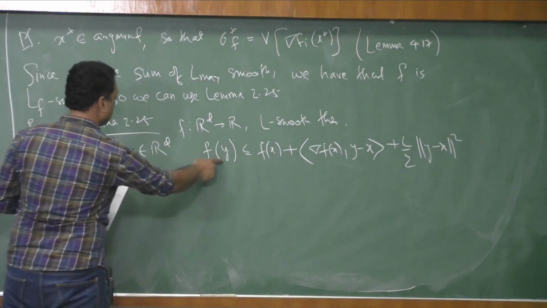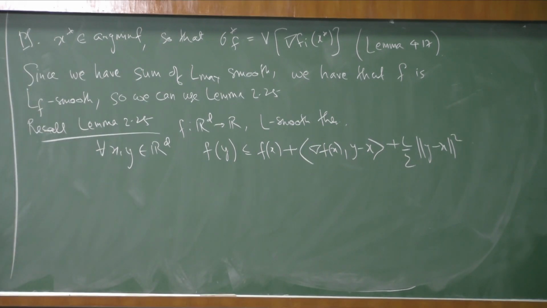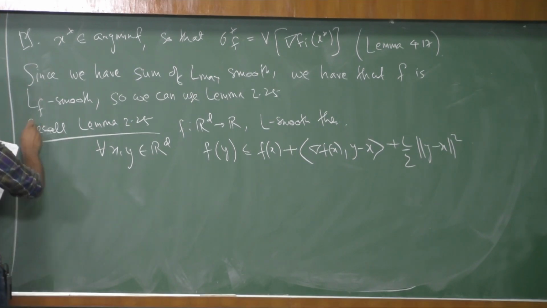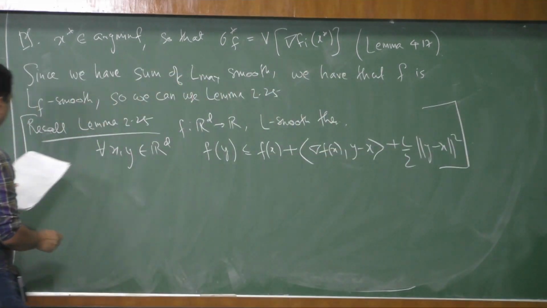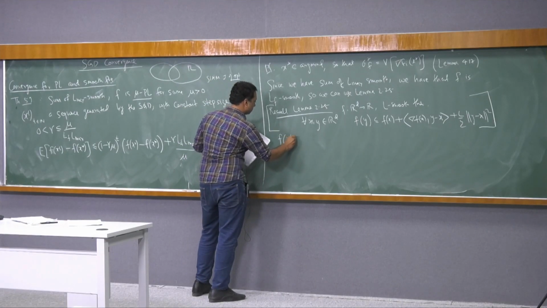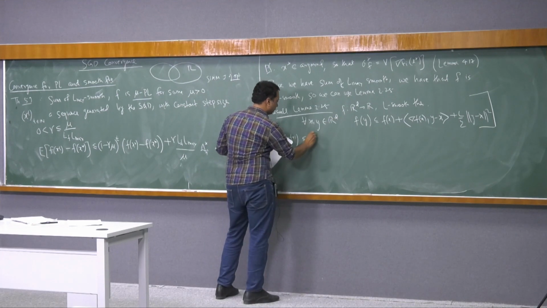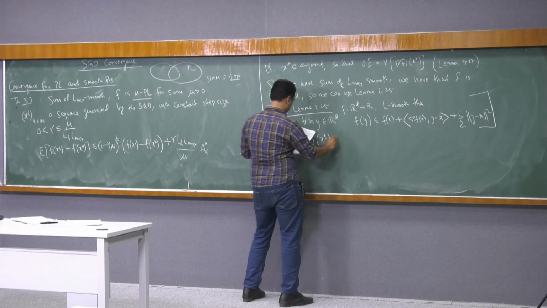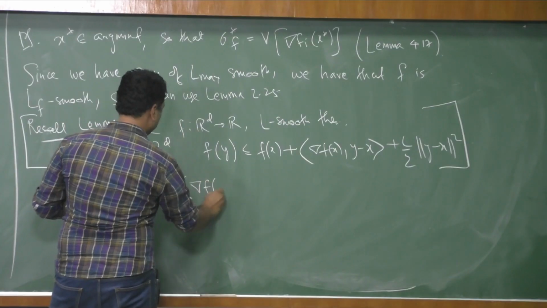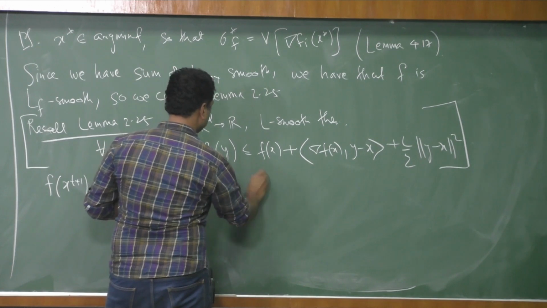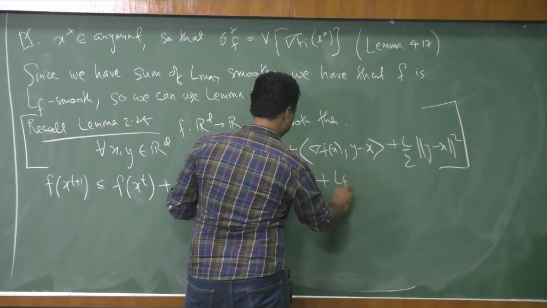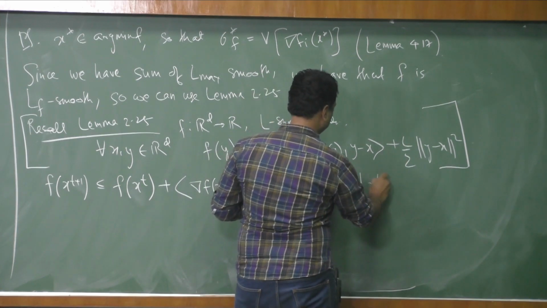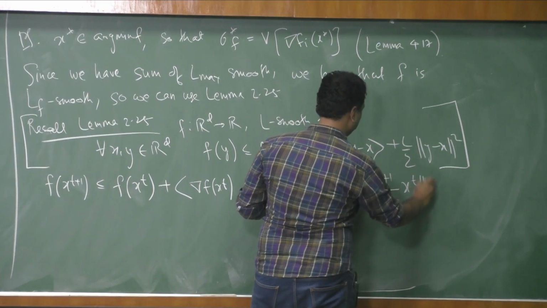With this, the choice of y will be xt plus 1, let's say, and then x will be xt. So let us put this in a box. This is a lemma. So then we have F of xt plus 1 is less than F of xt plus grad F of xt, xt plus 1 minus xt, plus LF by 2 norm of xt plus 1 minus xt squared.